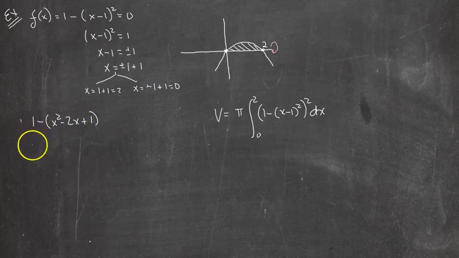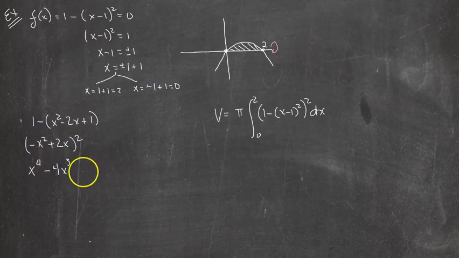So negative x squared plus 2x, 1 minus 1 is 0, and then this has to be squared. So x to the 4th minus 4x cubed plus 4x squared. Okay, so I can work with that.